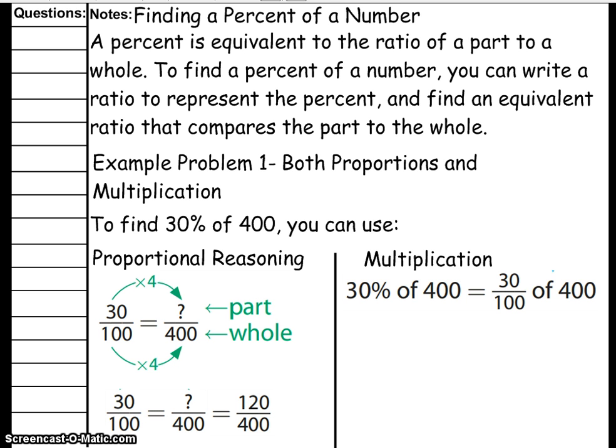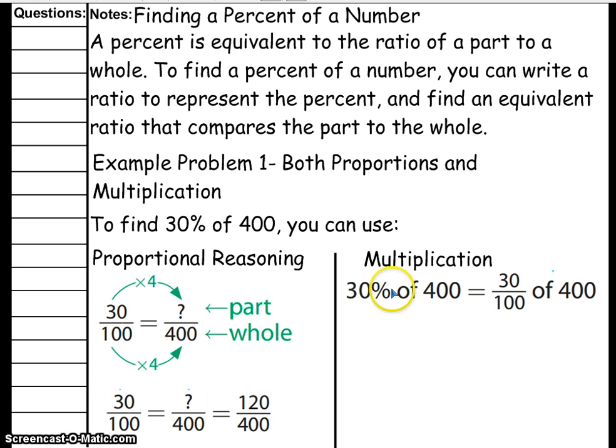So the 400 is the whole, and we're figuring out what part of 400 is 30%. So here we have it set up, and to get from 100 to 400, you multiply by 4. So we would do the exact same thing to the top, and your answer would be 120. So 120 is 30% of 400.